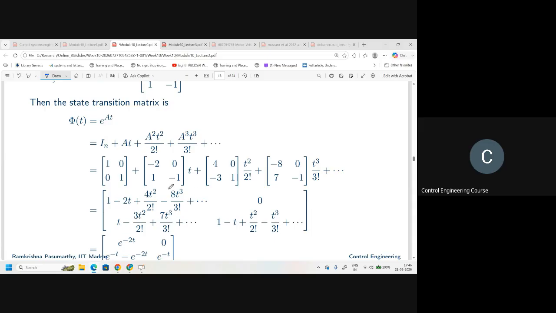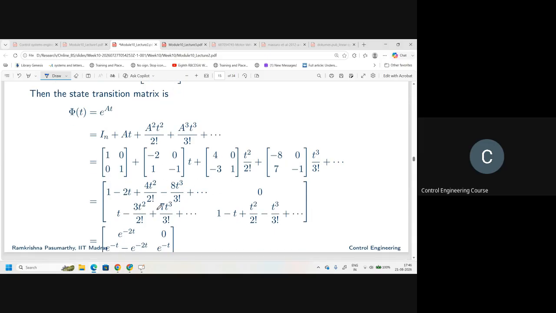You need to compute the series for each term. If you sum all these terms, you will get one sequence for the first term, and for the second, the 1-2 element is 0. Then here 1 minus 3 t square by 2 factorial, 7 t cube by 3 factorial, and so on.